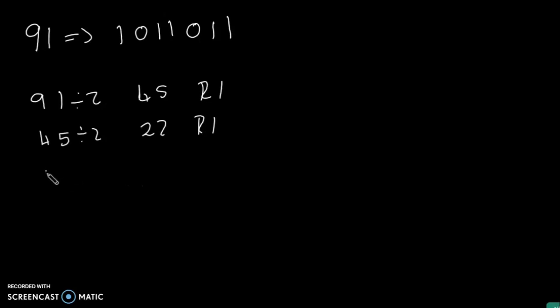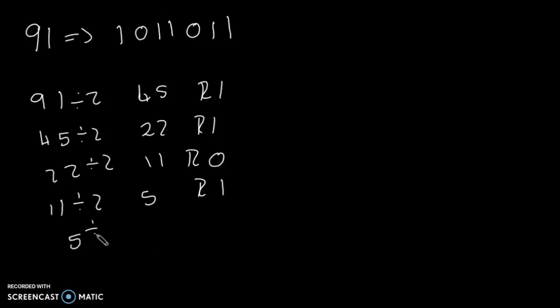I do the same thing. 22 divided by 2, that will be 11, just 11, therefore it has a remainder of 0. 11 divided by 2 will give us 5.5, meaning there is a remainder of 1. 5 divided by 2 will be 2.5, meaning it's 2 remainder 1.